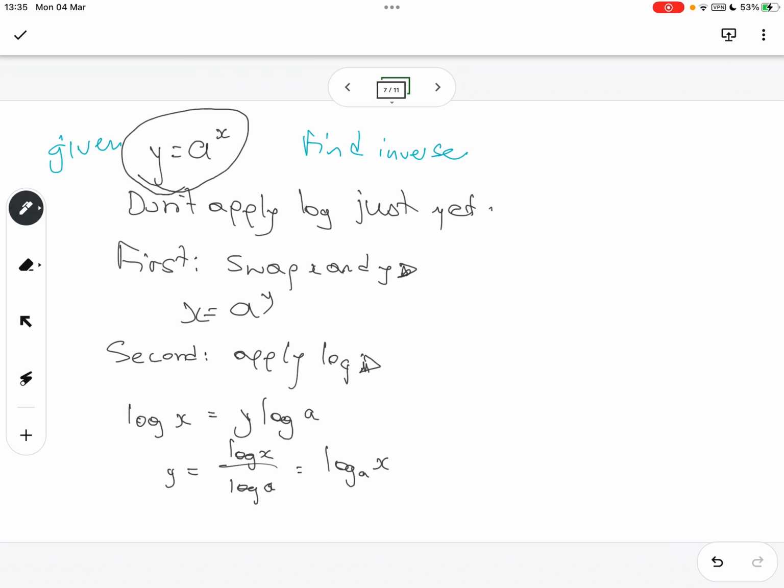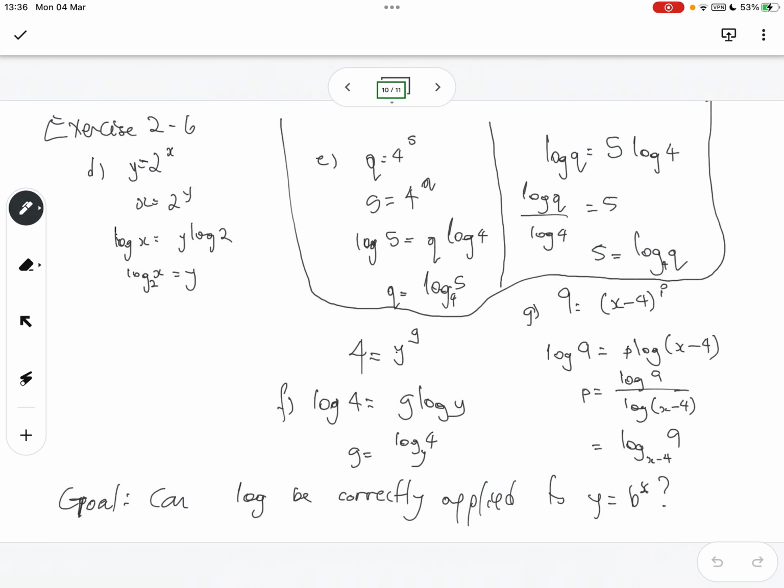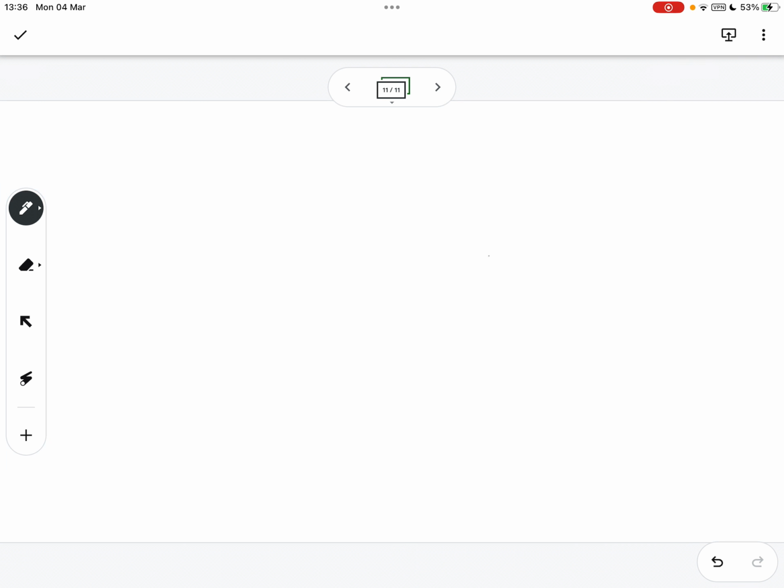But if it were 5 to power x equals y, that is a function. So with a function, for the inverse, we swap x and y and then apply the log rules. Yeah, I think we can end here.